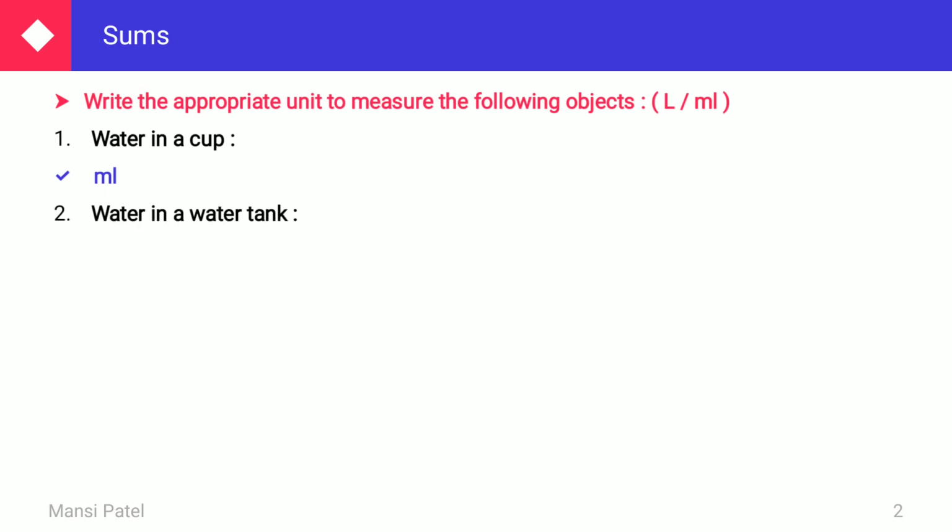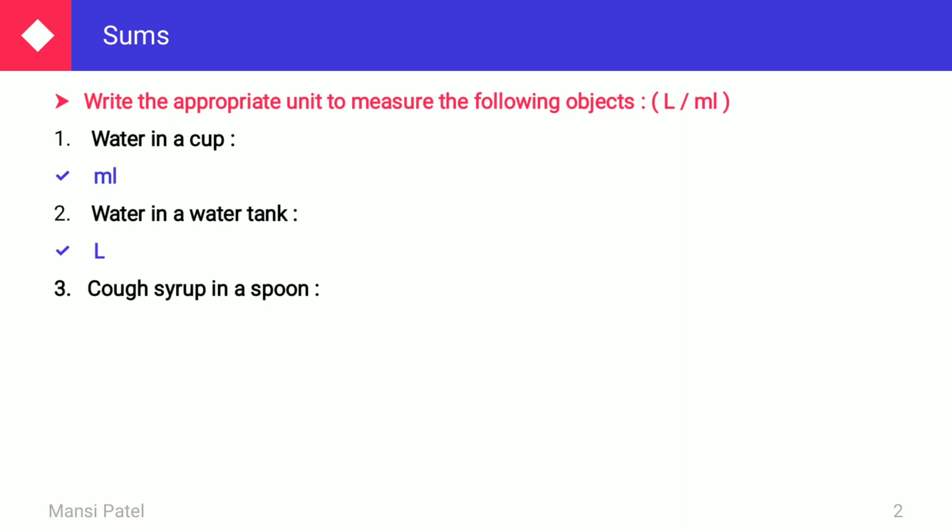Second one, if we want to measure water in a water tank, just assume that the capacity of the water tank is quite big. So which unit do we have to use? Yes, we have to use liter.